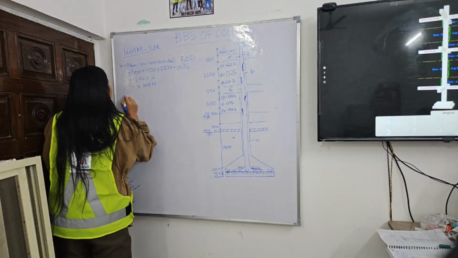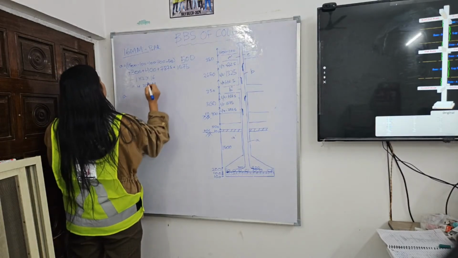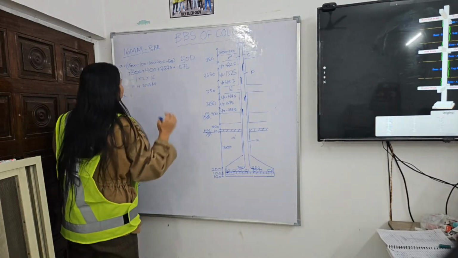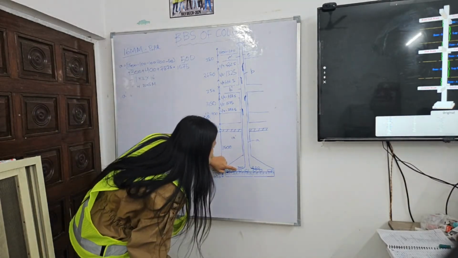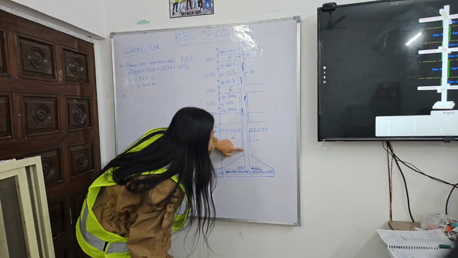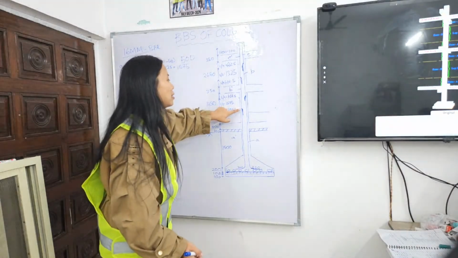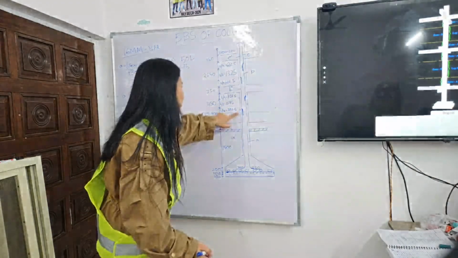And then for A dash, I'll do the same thing. From here till here, L by 4, everything is the same. But from here till here, everything is the same.